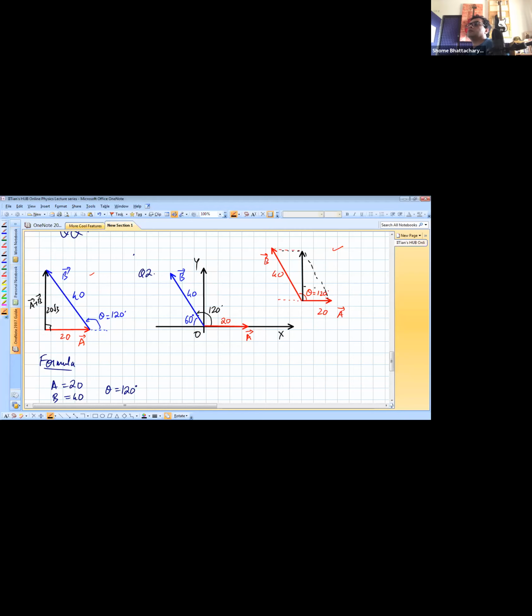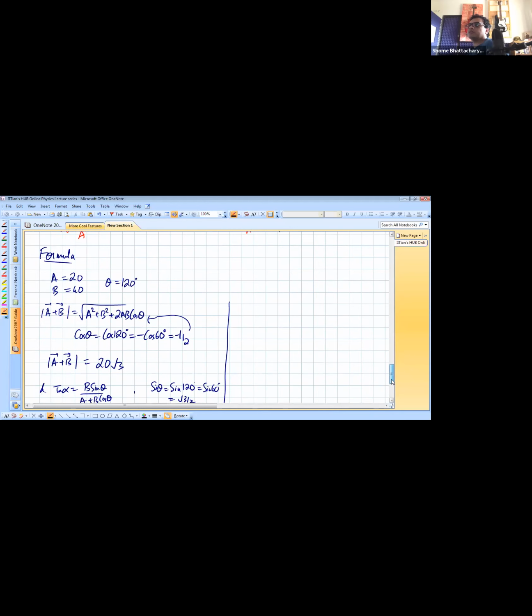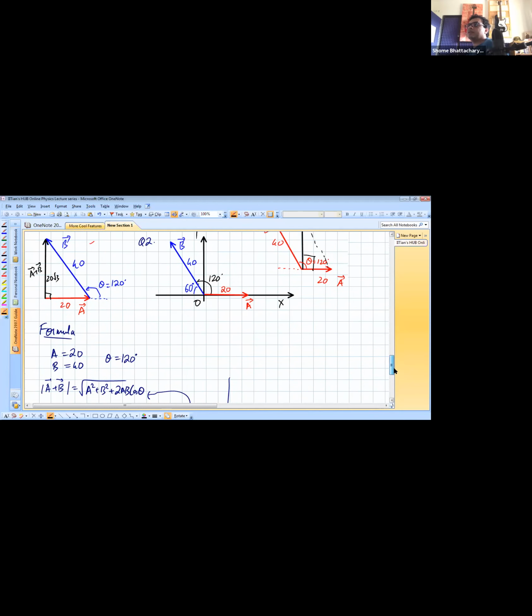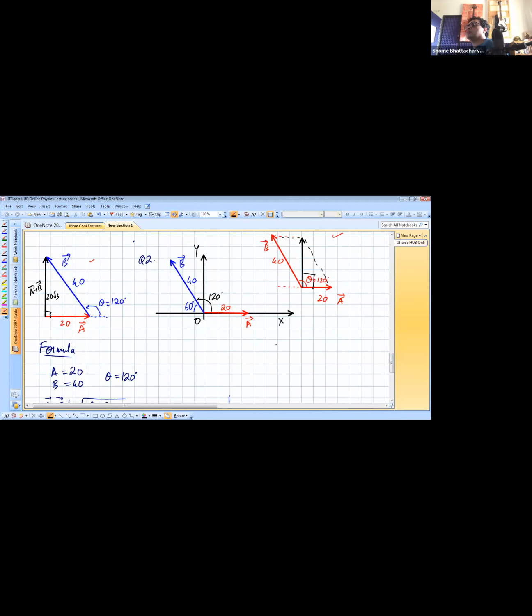This angle would be 90 degrees. So this is how my parallelogram would look. This is how my triangle would look. But again, it is unnecessary to draw them, because if you are going with this method, you can use the formula. Alternately, you can also go with the component method.